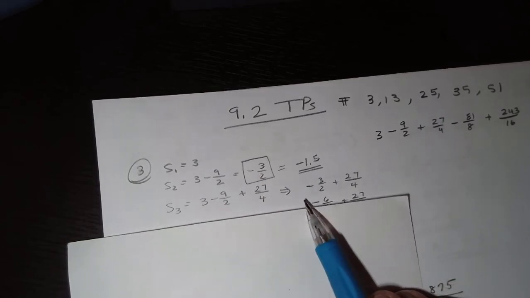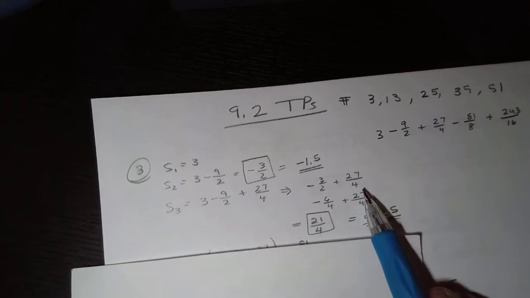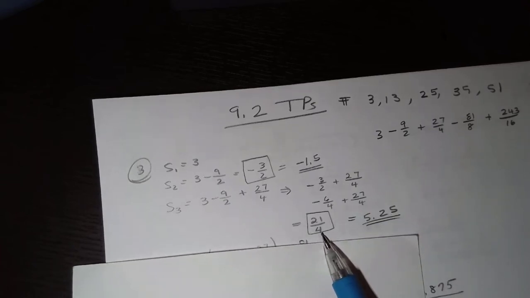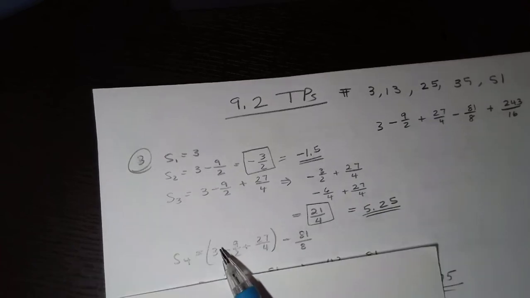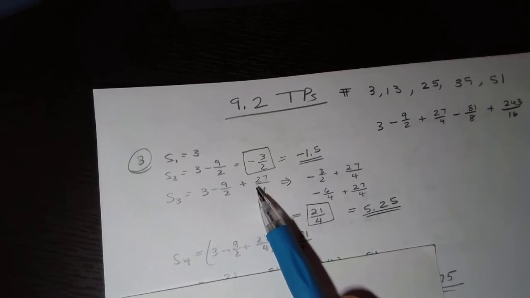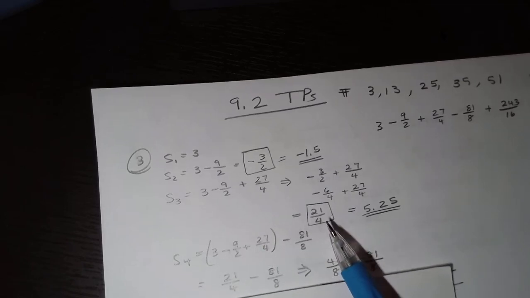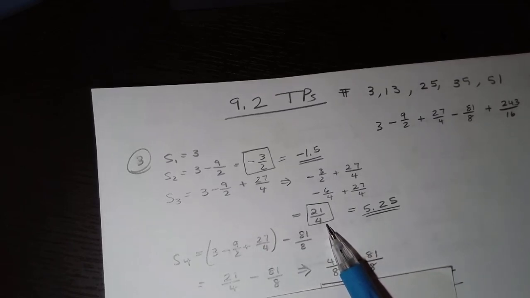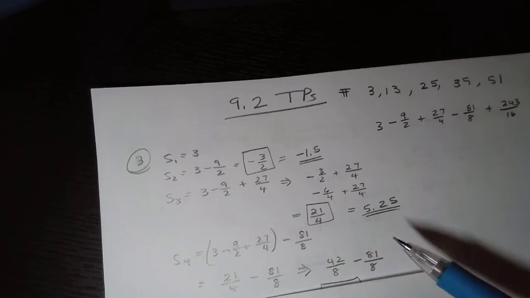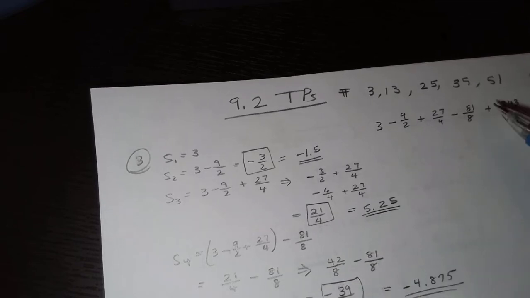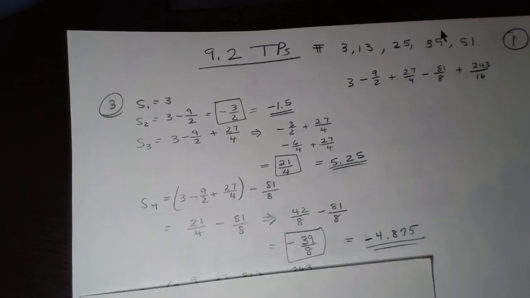Well, we know what 3 minus 9/2 is, plus 27/4 gives us 21/4. 4 terms is 3 minus 9/2 plus 27/4 minus 81/8. We know that these 3 have a partial sum of 21/4, minus 81/8 gives us negative 39/8.